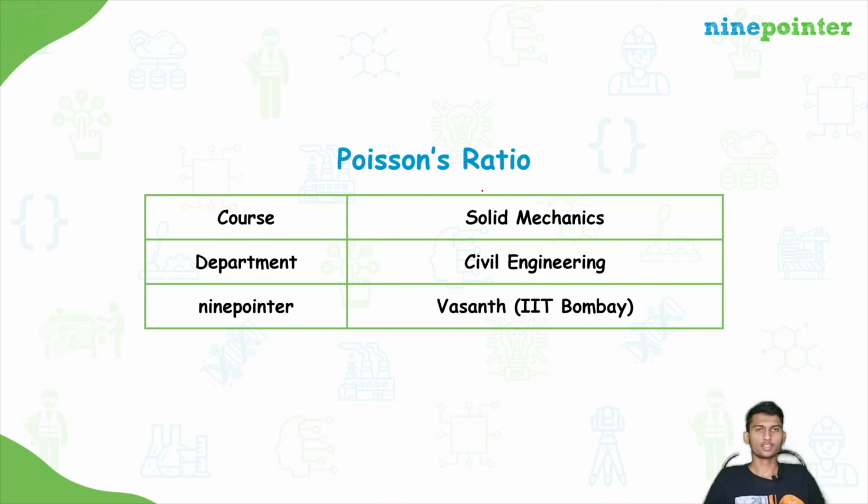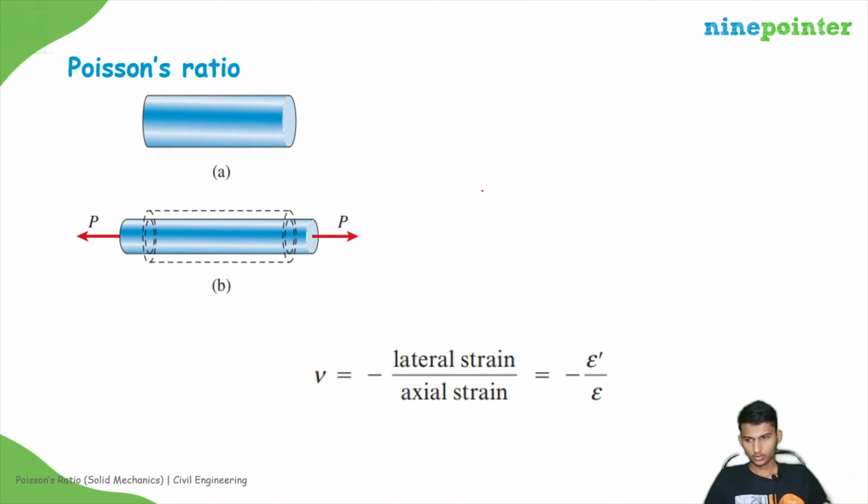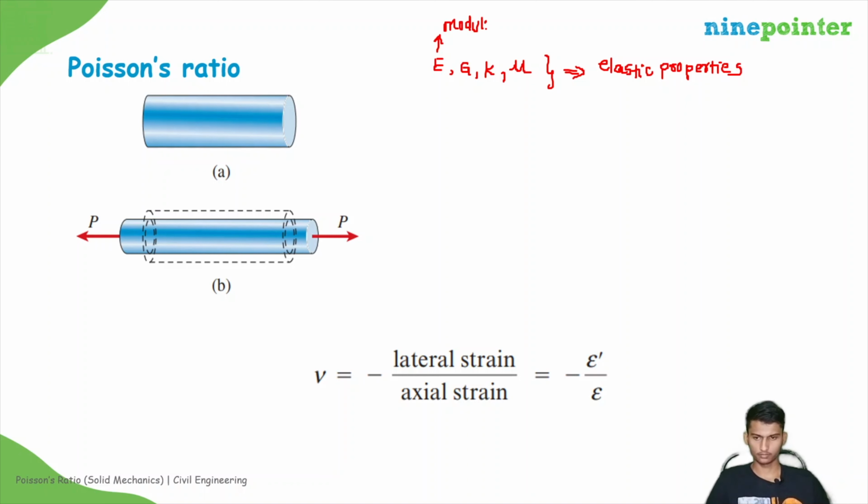Today we are going to discuss a new topic called Poisson's Ratio. So I already said to you in previous lectures, E, G, K, nu. These are elastic properties, right? Out of this, we already dealt with E, that is modulus of elasticity.